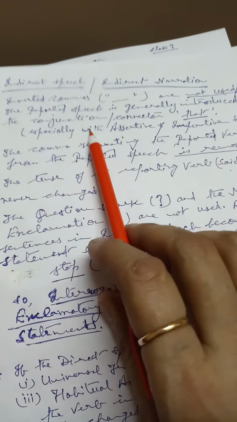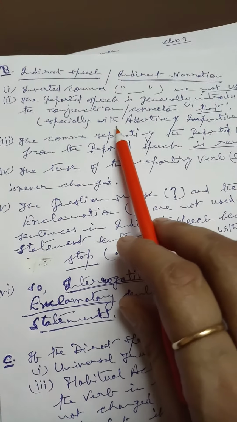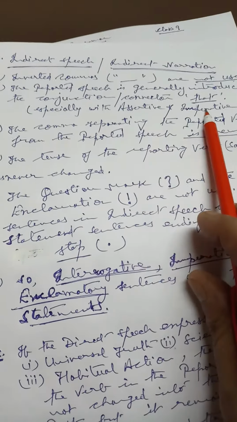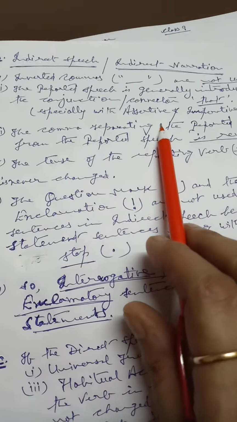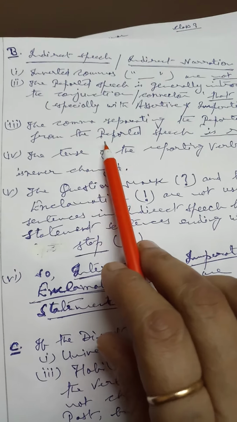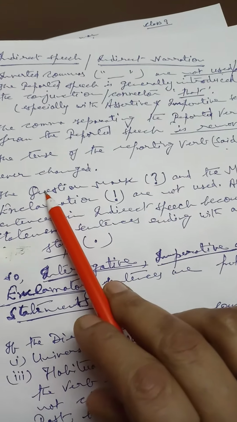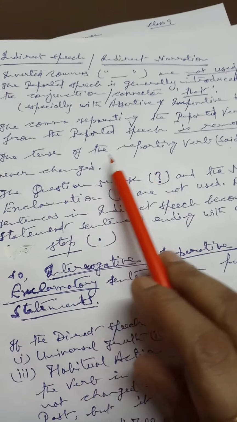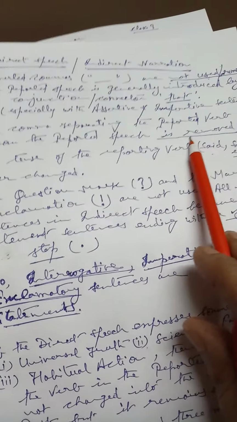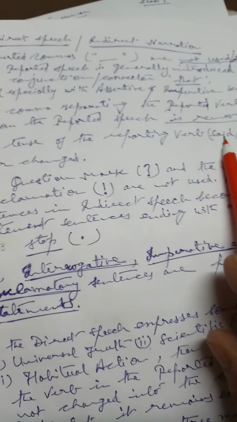Second rule, the reported speech is generally introduced by the conjunction or connector that, especially with assertive and imperative sentences. Third rule, the comma separating the reporting verb from the reported speech, as we have seen in direct speech, is removed.